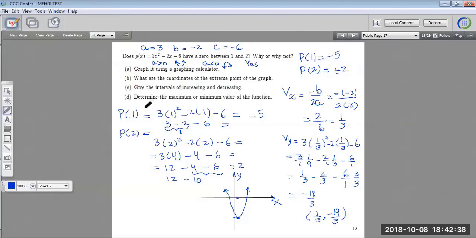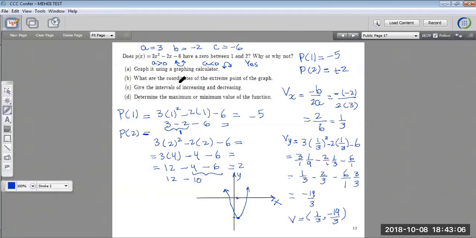So for the other part of the question, the lowest point would be your vertex right here. Given the interval of increasing, the function is increasing from this point all the way to infinity.